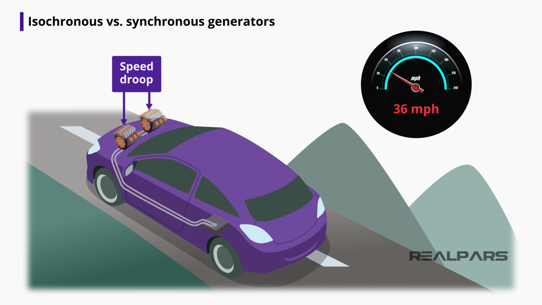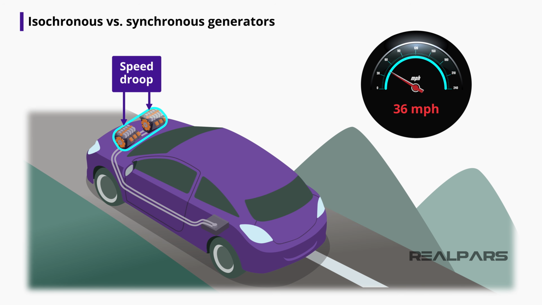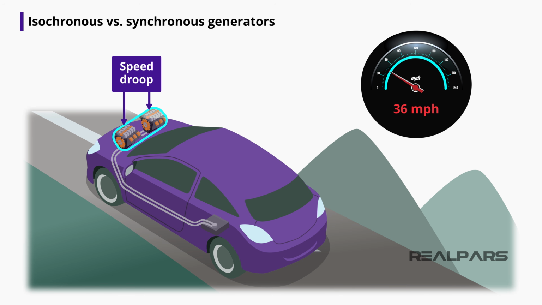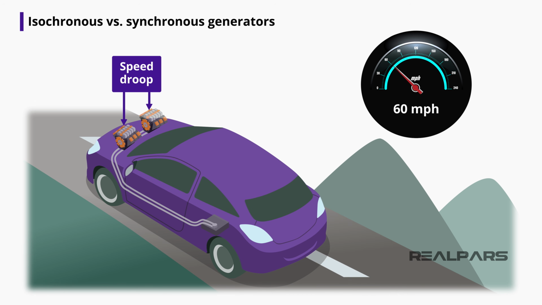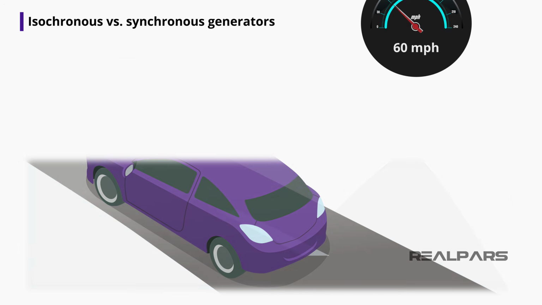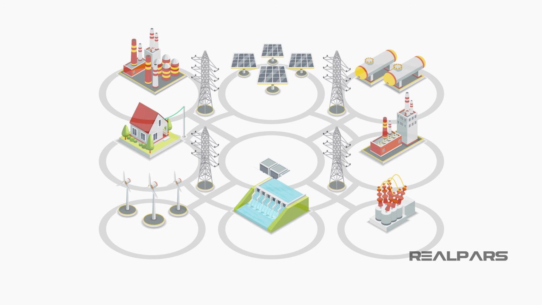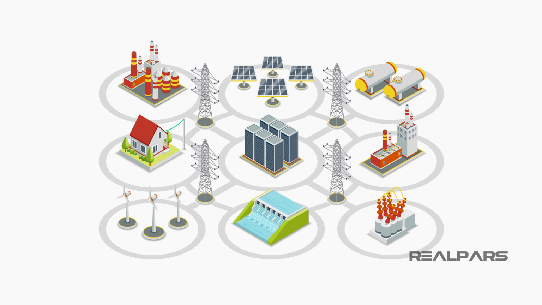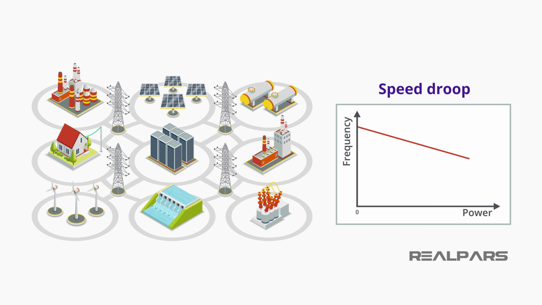Now, if we add droop to the system, instead of both engines trying to increase their fuel all the way to fix the offset, the governor will lessen the response that will come from each, allowing for a smooth and stable transition into the required speed. In relation to the power grid, instead of two, we have thousands of generators all interconnected. Droop allows all of them to work together to respond to all load requests.